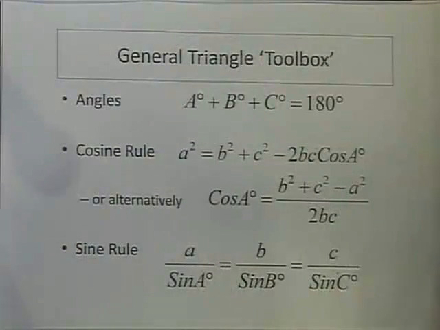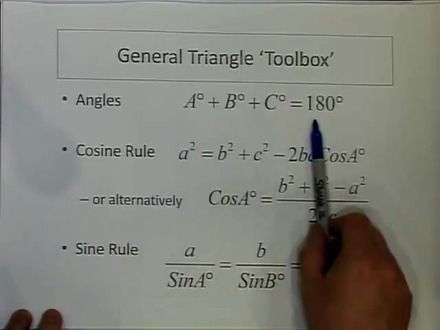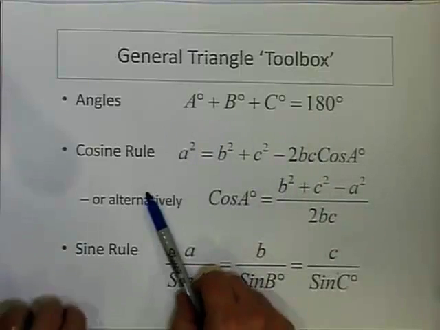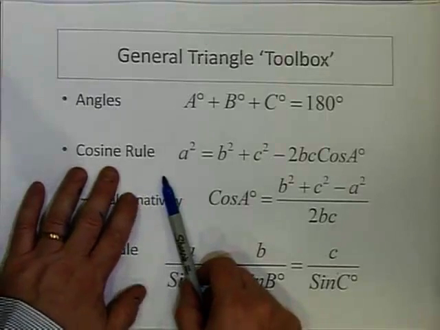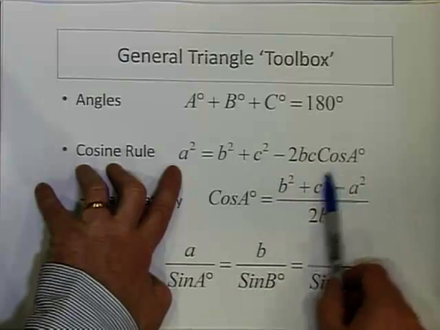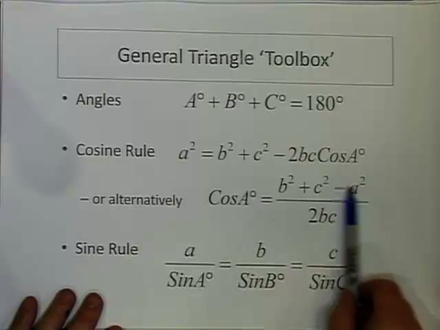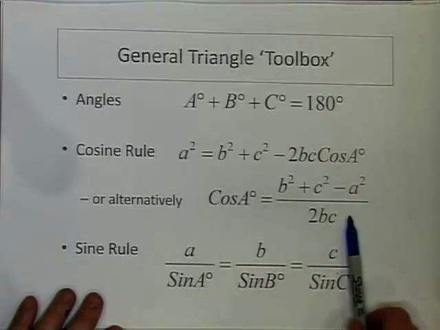Now, this is your toolbox for these questions. Pythagoras is gone because it's not a right angle triangle. The first one is that all of the angles must add to 180. The second one is a cosine rule that says that a squared is b squared plus c squared minus 2bc cosine A. And it's also written as cosine A is this.